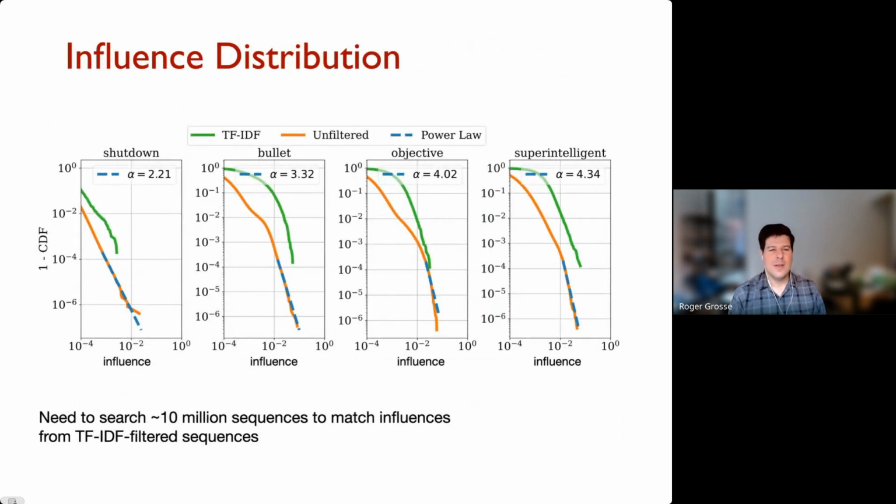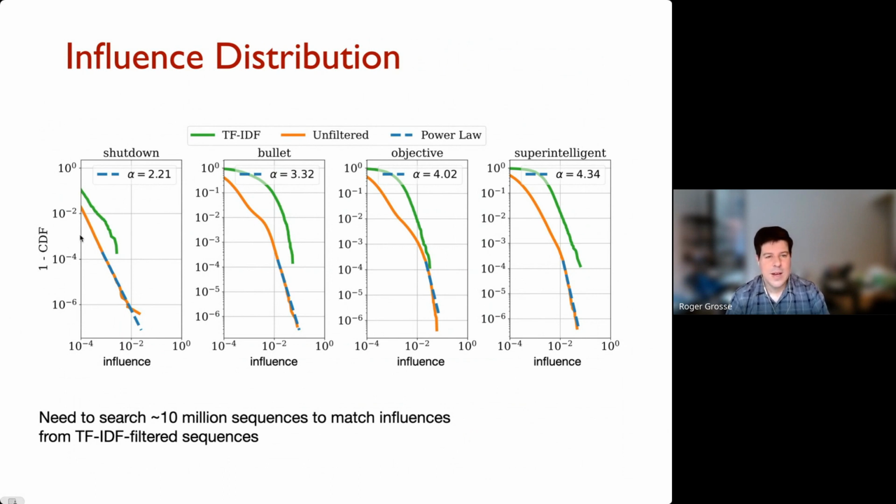And so to calculate the number of examples required, we looked at the distribution of influences using both the TF-IDF filtered data and the unfiltered data. So here we're plotting the log CDF of the influence. And so both the influence and the probabilities are shown on a log scale.